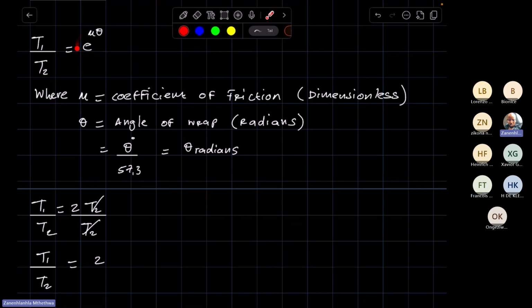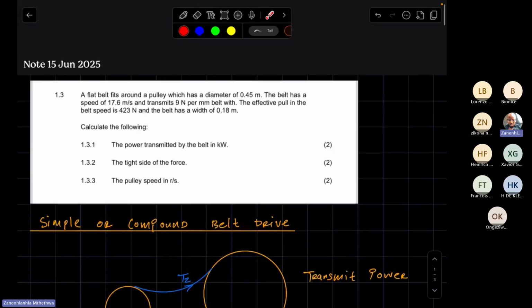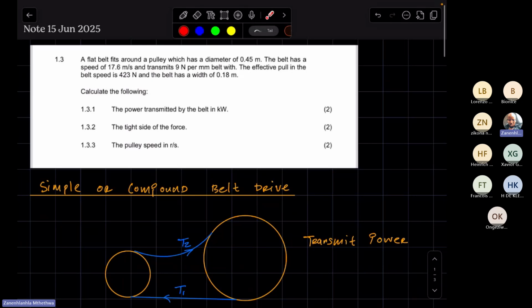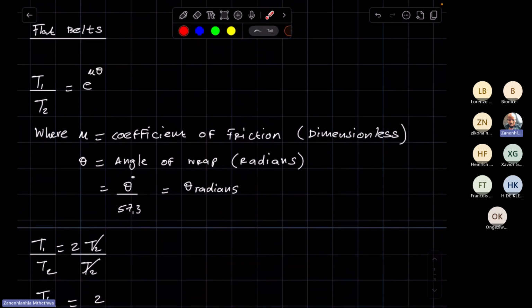I haven't seen any questions where you are given the coefficient of friction and the angle of wrap and have to work this out on your own.